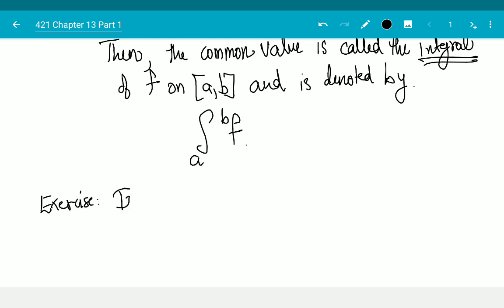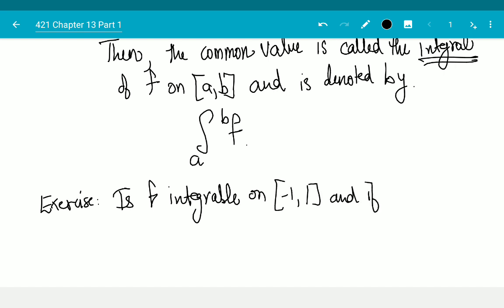Is f integrable on -1 to 1? And if so, show it is or it is not.